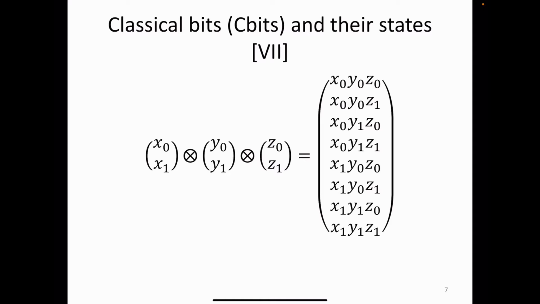So fairly straightforward. If you look at the first row here, it's given by X sub 0, Y sub 0, Z sub 0. Second row is given by X sub 0, Y sub 0, Z sub 1, and so on. So that generalizes to N classical bits, of course, then also qubits.